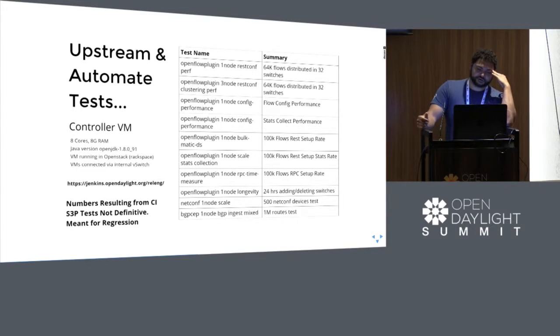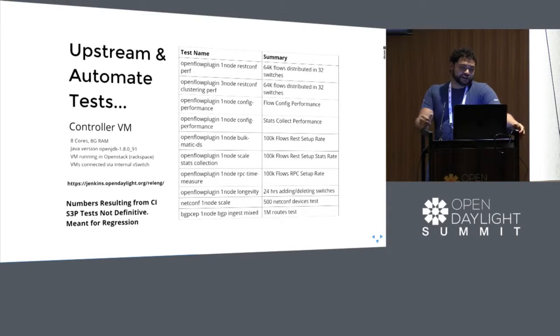It's connected via an internal switch. All the tests run with this sort of setup. That's what I was saying a second ago: this limits the actual performance of OpenDaylight because you're limited to 8 gigs of RAM and 8 cores. So we wouldn't want to use these numbers necessarily as the performance numbers that we share with others, as what OpenDaylight can do.